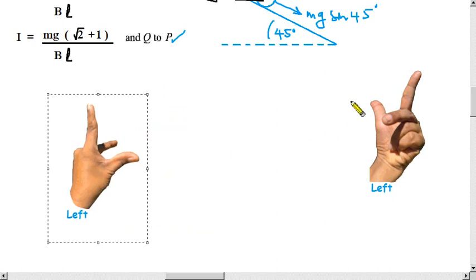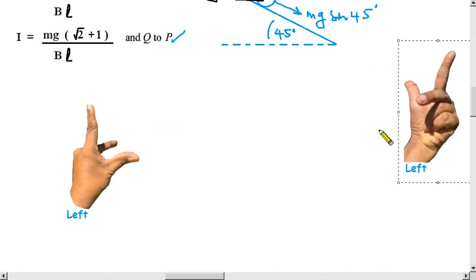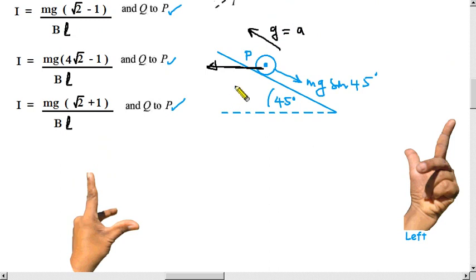Let us keep these hands away. Now this force has the value BIL. The angle, this one also 45 degrees, if this one is 45 degrees. Let us get the component of this along the plane upwards.